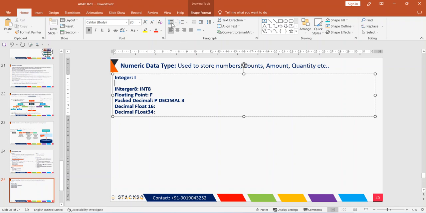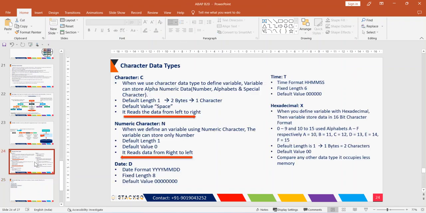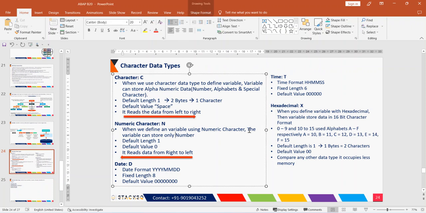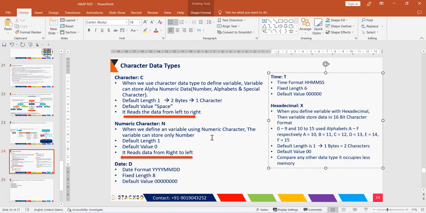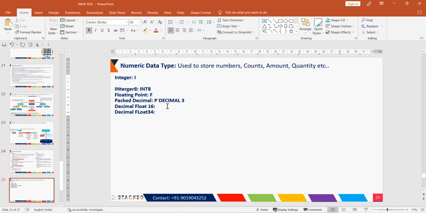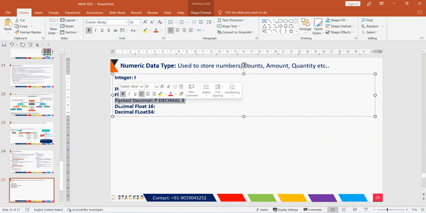Earlier we were able to provide the length for character, numeric character, and also for hexadecimal, but here the length can only be used for packed decimal. You cannot use any length for other data types.